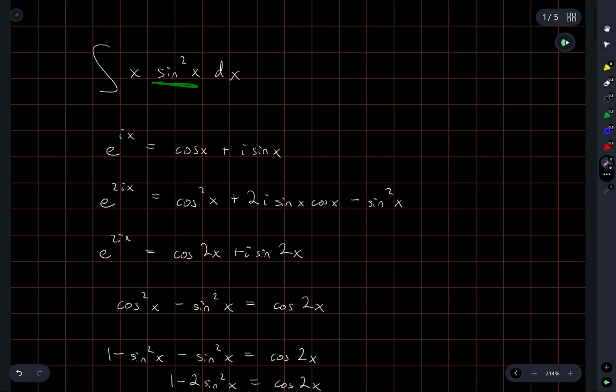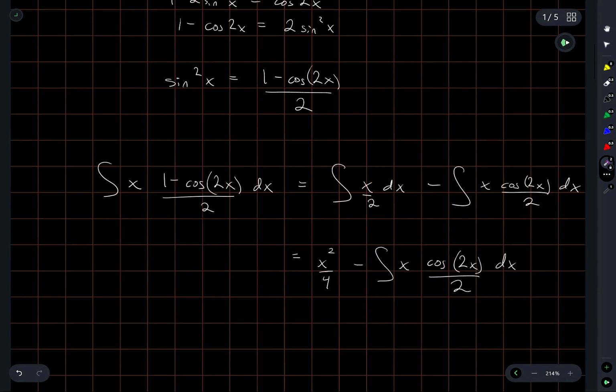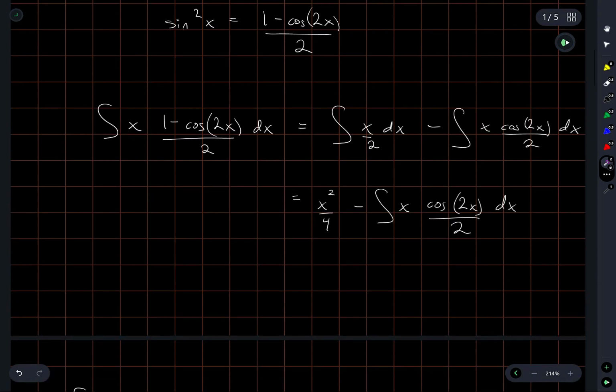But I know that there's a trig identity which allows this to be written as just a sinusoid rather than the square of one. And I know this is going to be a form of integrand that allows integration by parts to be applied much more easily.